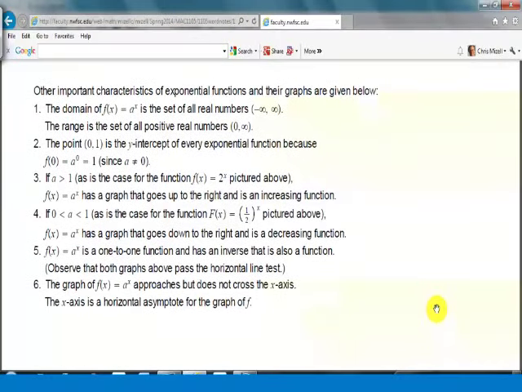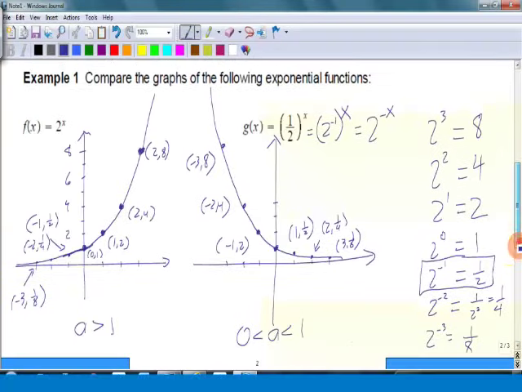Summary here, let's see if I missed anything. I kind of did, yes. I mentioned domain. I didn't specifically address the idea of range, so I should do that. Both these graphs go all the way to the left and all the way to the right. However, they don't go both all the way down and all the way up.